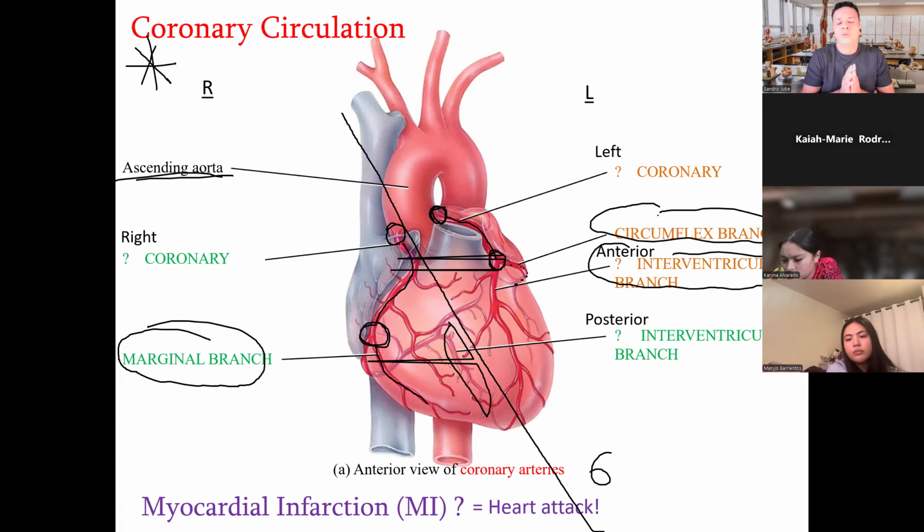So, do not forget to take a look at the coronary arteries. Let's recap here. The right coronary splits into marginal branch in the front and a posterior interventricular branch in the back. The left coronary splits into the anterior interventricular branch in the front and the circumflex branch in the back. Okay?